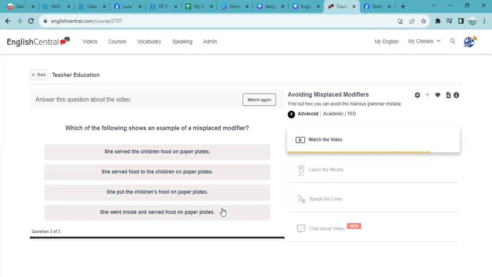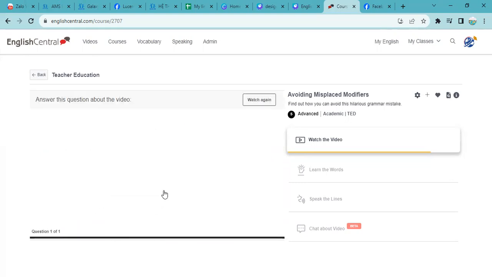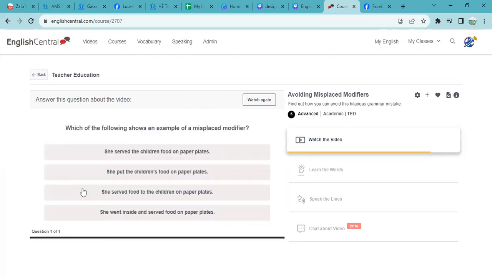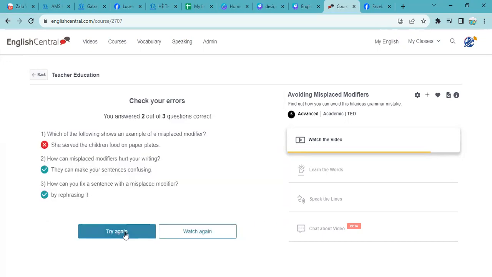She served the children food on plate. She put the children food on paper plate. She went inside and served food on paper plates. Now, let's try it again. She served the children food on paper plate. No, oh my God.